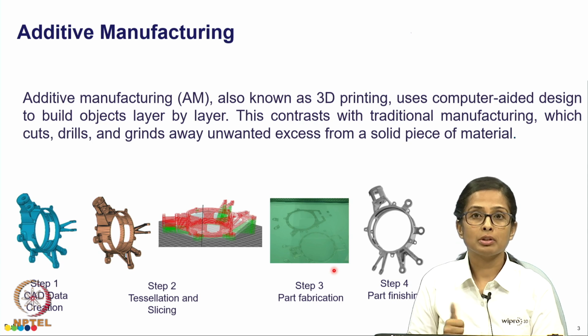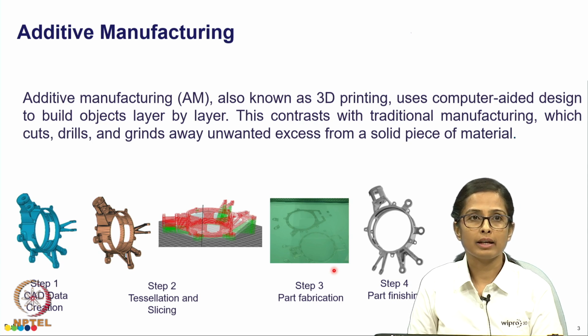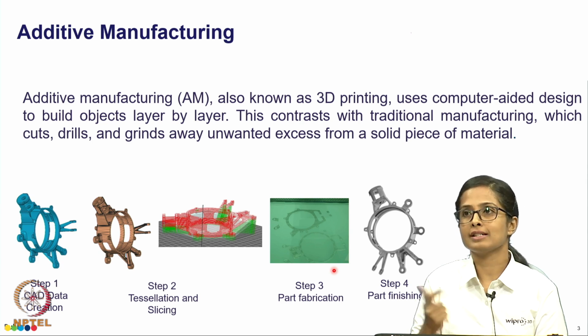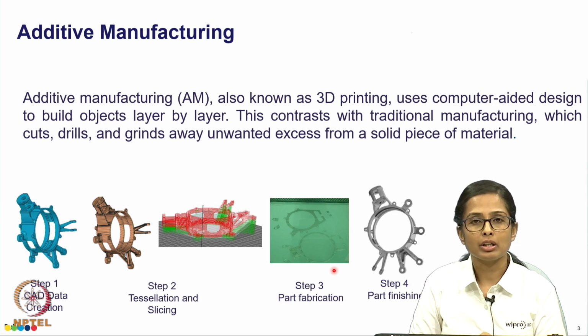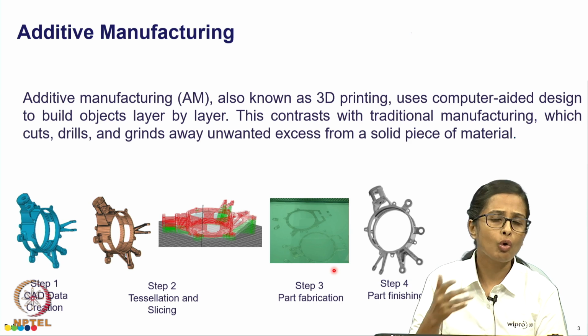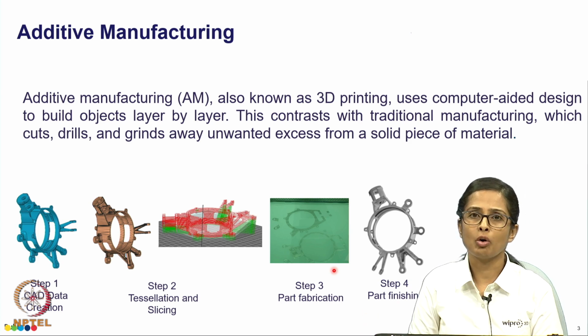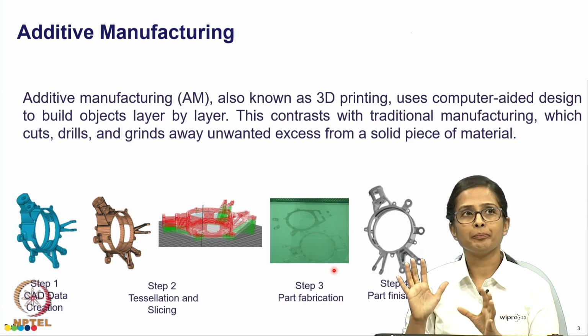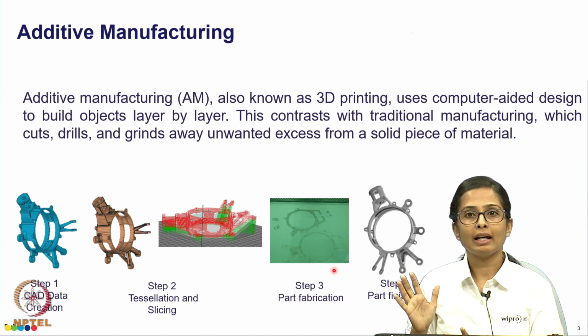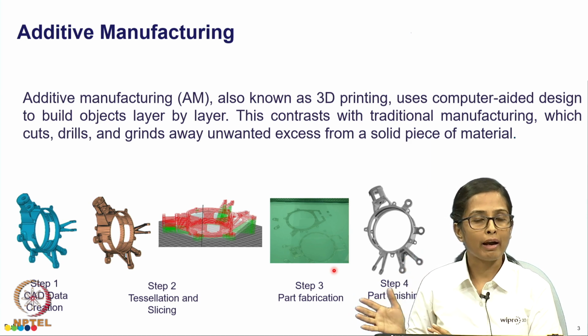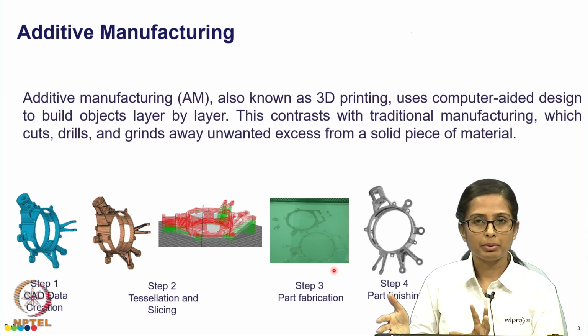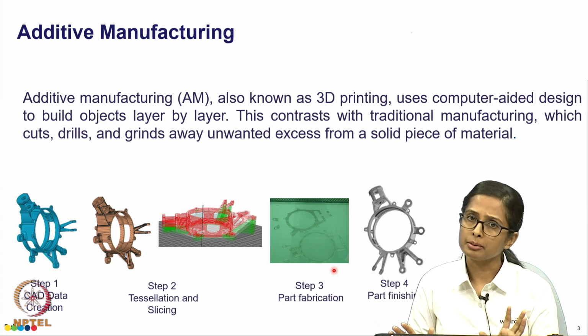You can put the parts through, let us say, things like heat treatment, stress relief. You can do CNC machining, you can do polishing, you can do coating, you can do any of these post processing operations. So, just keep in mind that this end part that you have after the printing process is like a cast part.